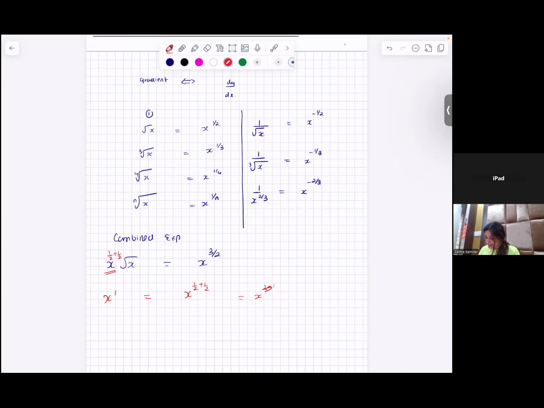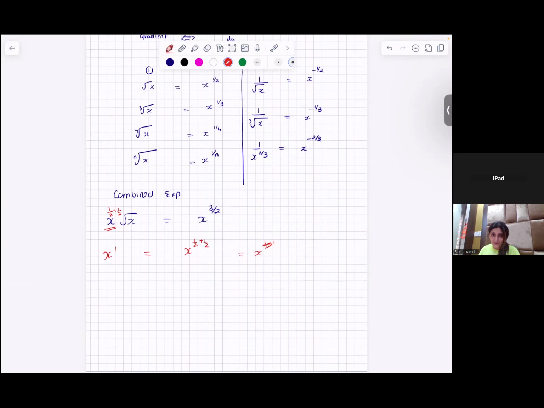So x into root x would give you x raised to 3 by 2. x square root x is going to give you x raised to 5 by 2. And 1 by x root x is going to give you x raised to minus 3 by 2.